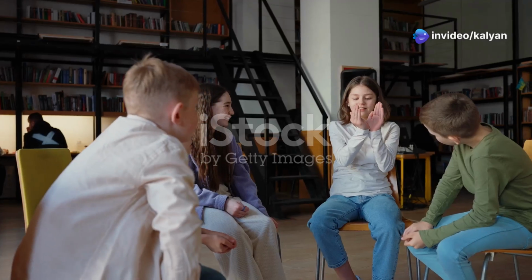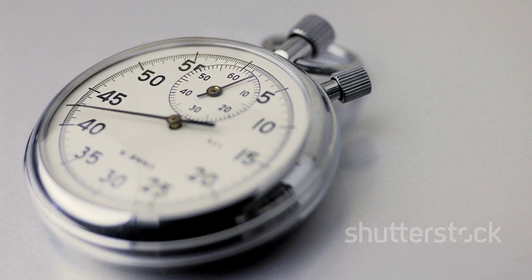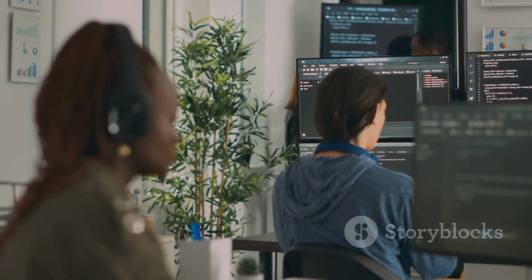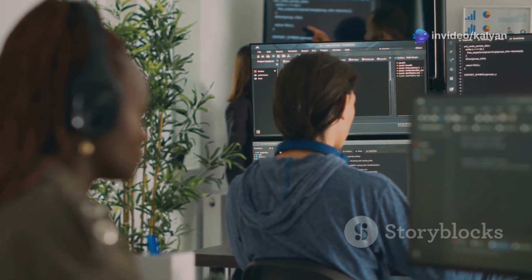Now let's talk about a specific type of blind SQL injection: time-based blind SQL injection. Remember that game of 20 questions I mentioned? Well, in this version, the attacker is paying very close attention to how long it takes the database to respond to their questions. They might inject code that forces the database to pause for a specific duration if certain conditions are met.